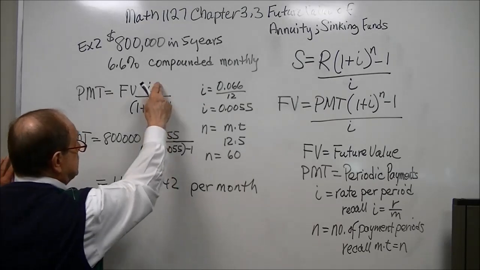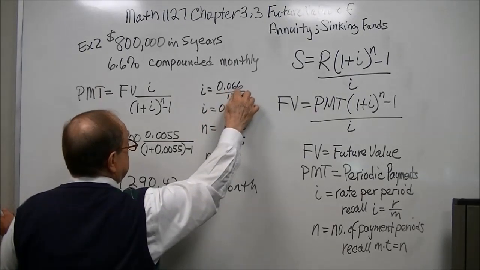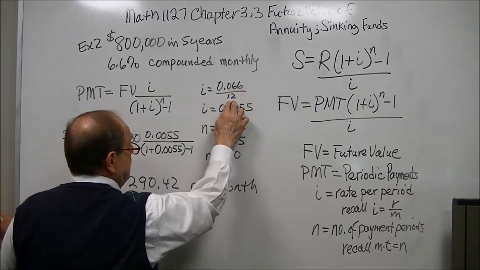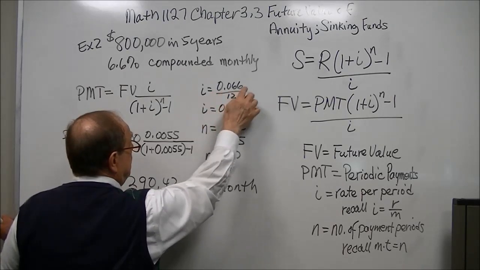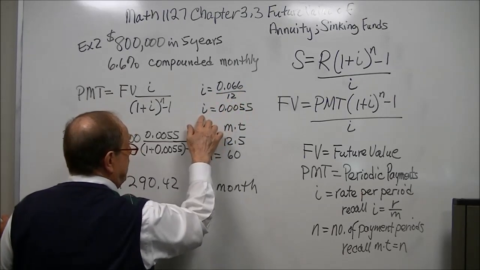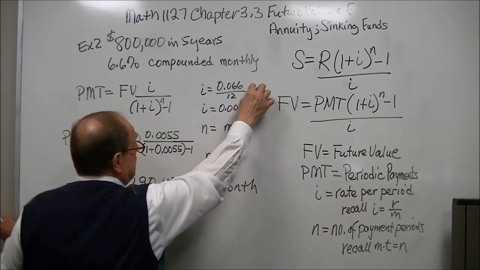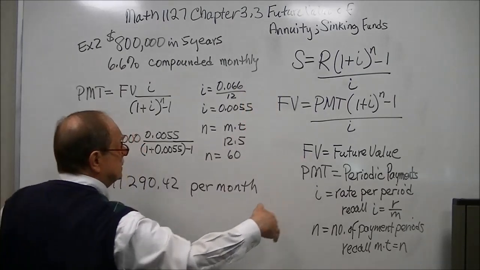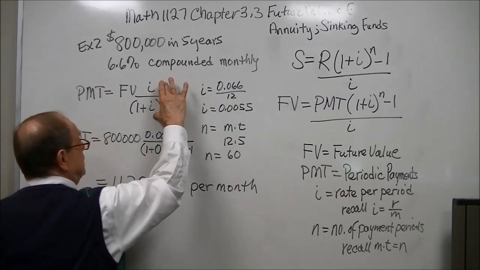And our interest now, again, is 0.066, but it's going to be compounded monthly. So we divide that by 12 to get the I value of 0.0055. So this is critical. This is something you have to do ahead of time so you can put this value into your equation.